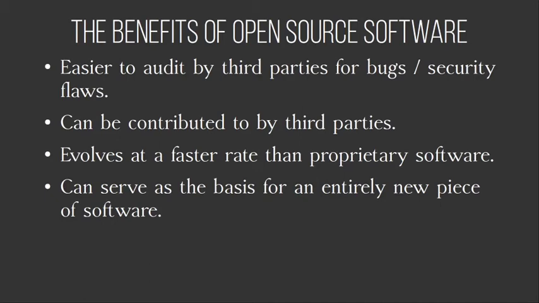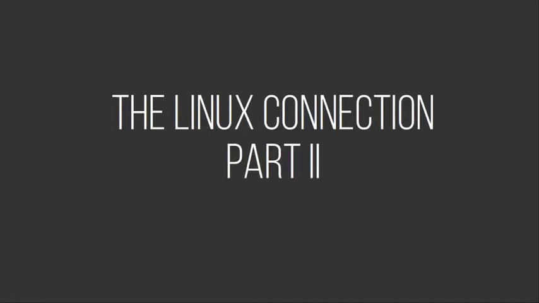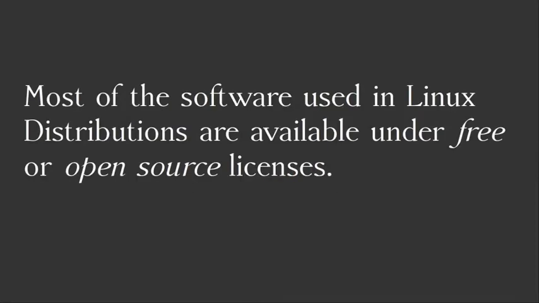So, once again, we're going to ask the question, what does this have to do with Linux? Well, remember, most of the software that's used in Linux distributions are available under free and open source licenses.